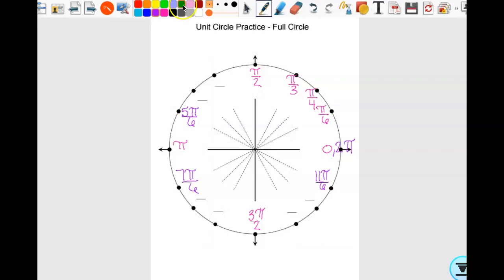So now we do pi fourths. So pi fourths. This is 4 pi fourths. We back up 1, we are at 3 pi fourths. I go back to 4 pi fourths, go forward 1, I'm at 5 pi fourths. All the way around is 8 pi fourths. If you back up 1, you are at 7 pi fourths.